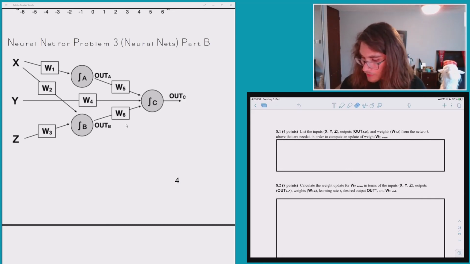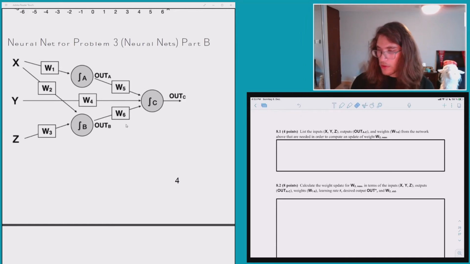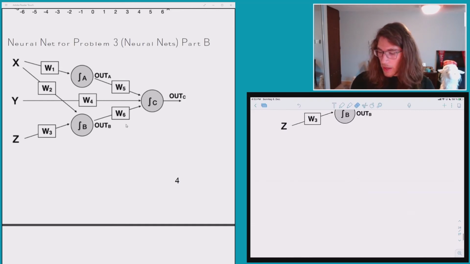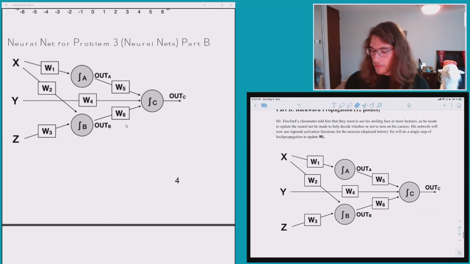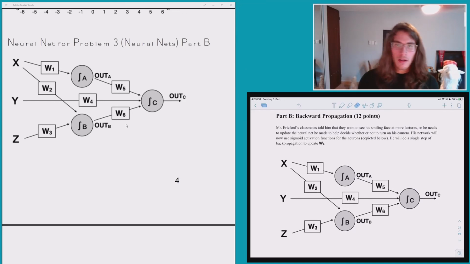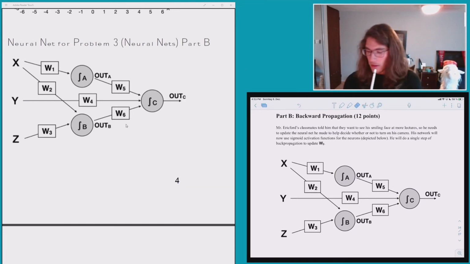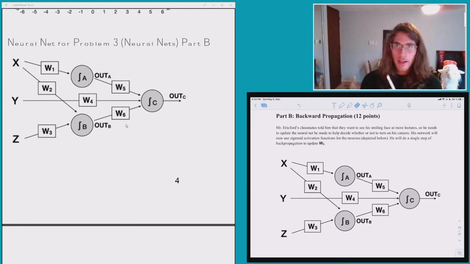So I'm asked to list the inputs x, y, z, and outputs and weights, all the terms essentially that I need in order to compute a new weight, a new W2. And my approach to these is, if you don't understand what I'm about to do, a very helpful video I think would be not the recitation video on neural networks, but the chain rule video on neural networks.